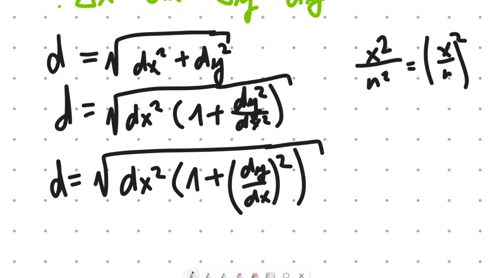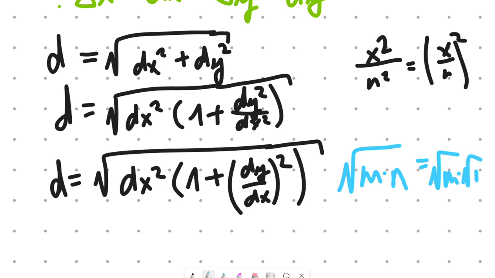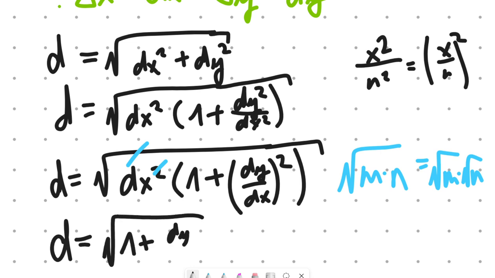Now, the rule of square roots states that we can take the square root of m times n and say that it's the square root of m times the square root of n. Since we have this, we can cancel the square and the square root over here and say that d is equal to the square root of 1 plus dy over dx, the whole thing squared, times dx.